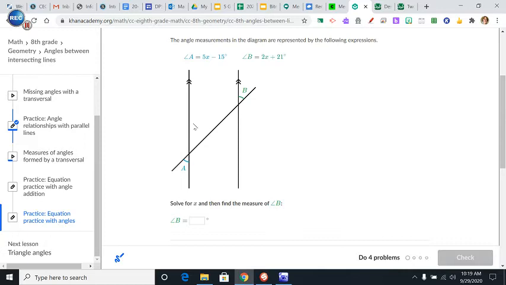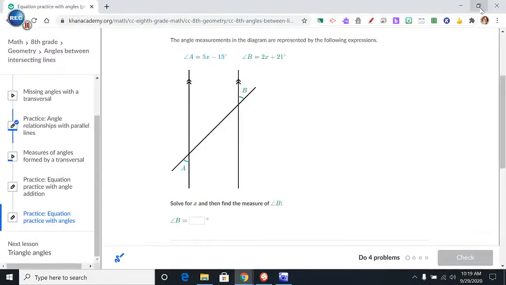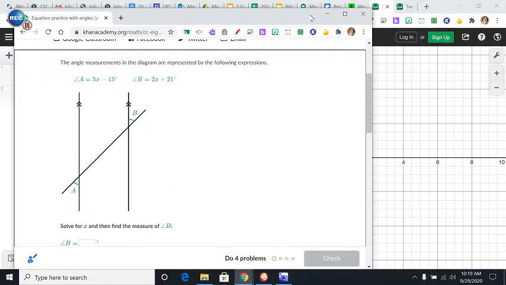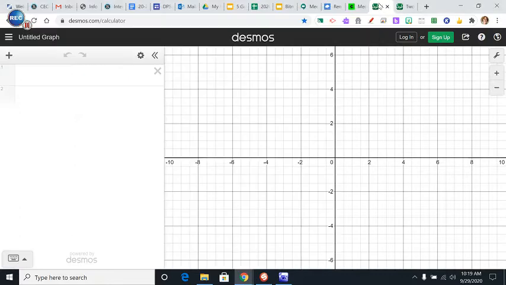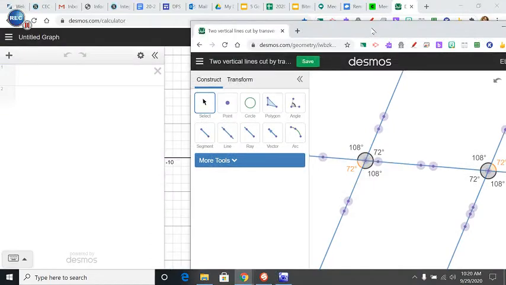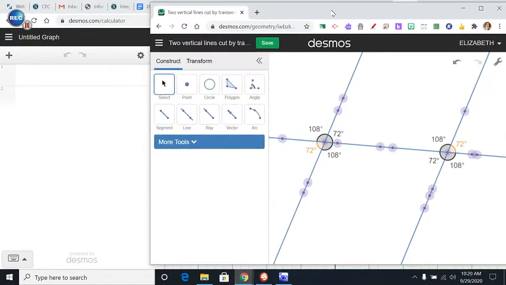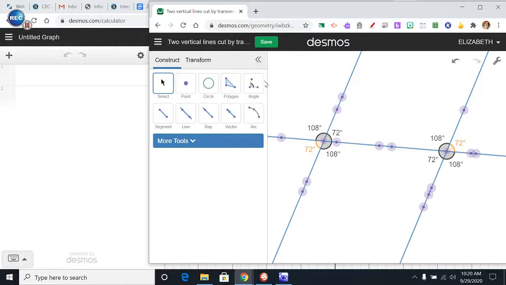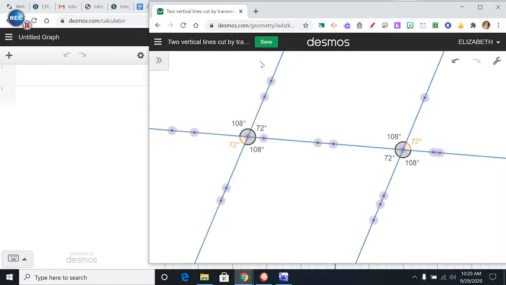Okay, so looking at this example on Khan, I'm looking at these 2 angles here. So let me put it next to my construction and see if this helps me to figure out the relationship between those 2 angles. And I'm kind of just manipulating my 2 windows here.